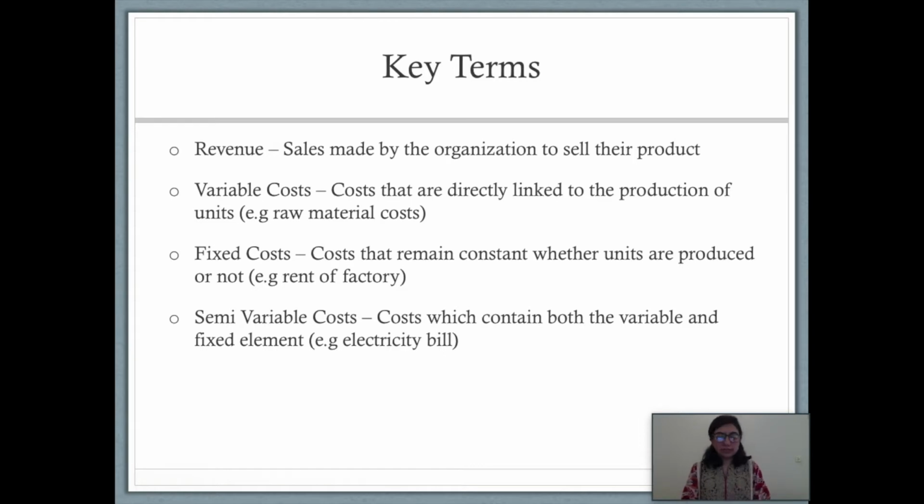So all these expenses, the warehouse rent expense, the warehouse electricity expense, the guards' salary, have nothing to do with the production. I don't know whether the production has started or not, but all these expenses are taking place. So these are called fixed costs, costs that remain constant whether units are produced or not.